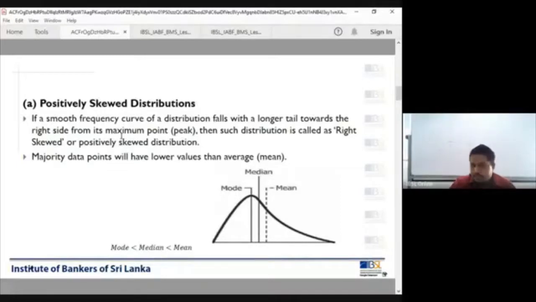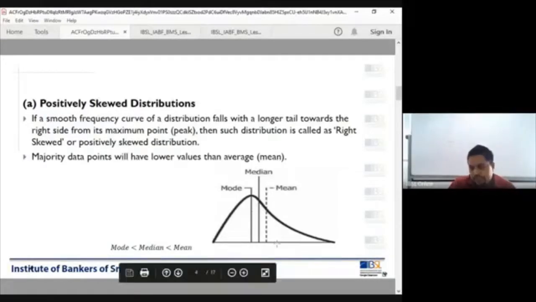If a smooth frequency curve of a distribution falls with a longer tail towards the right side from its maximum point, then such distributions are called right skewed or positively skewed distributions. Majority data points will have lower values than average. So let's see how you can easily identify where these values will be lying.